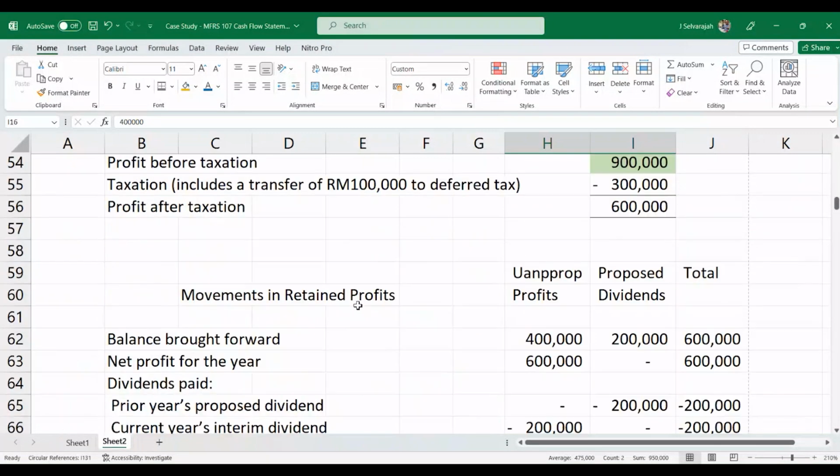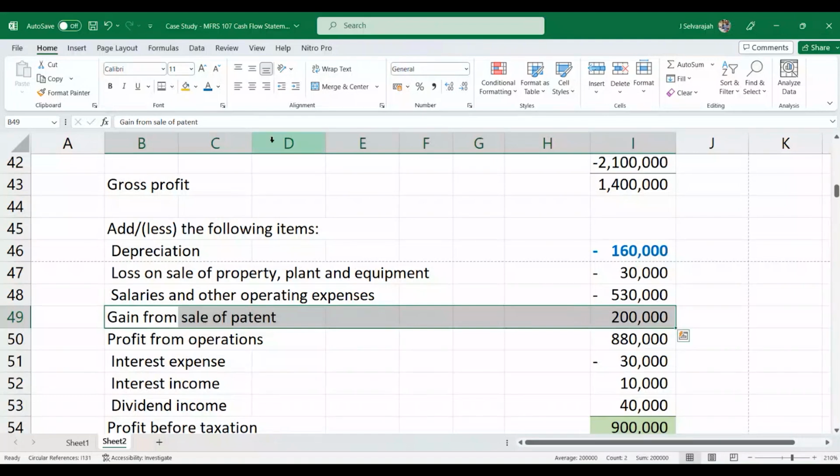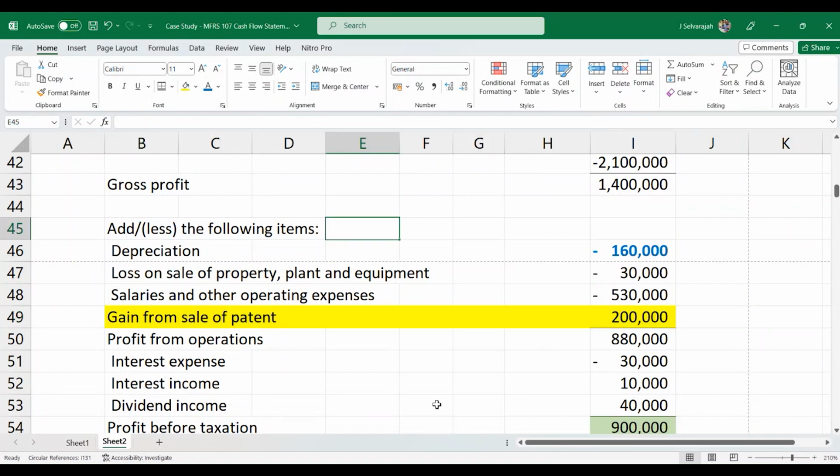Sorry, it's inside here. So gain from the sale of the patent. This is an important thing. Let's highlight this so that we can understand it better. So this patent sold for 200,000, profit is 200,000, cash received is 200,000.